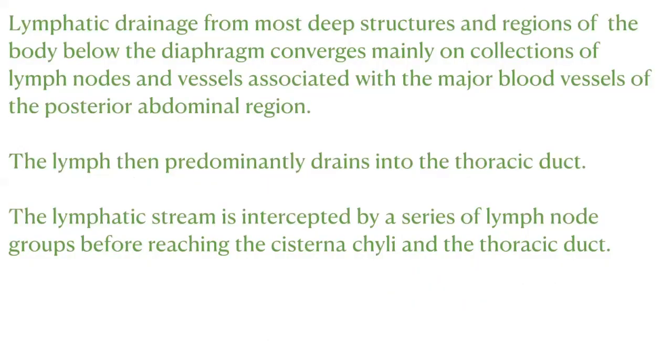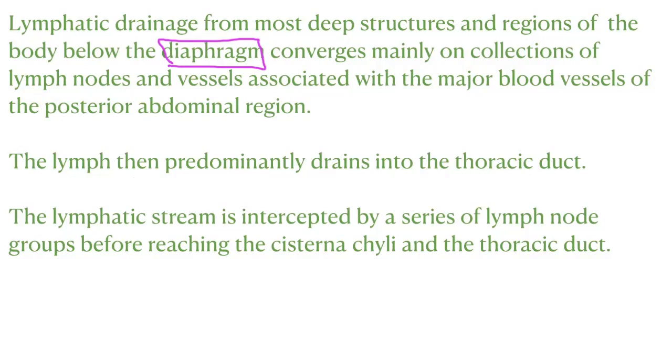And coming to the lymphatic drainage of the posterior abdominal wall, lymphatic drainage from most deep structures and regions of the body below the diaphragm converges mainly on collections of lymph nodes and vessels associated with the major blood vessels of the posterior abdominal wall. As you know, the lymphatics are mostly distributed along the vessels, veins and arteries.